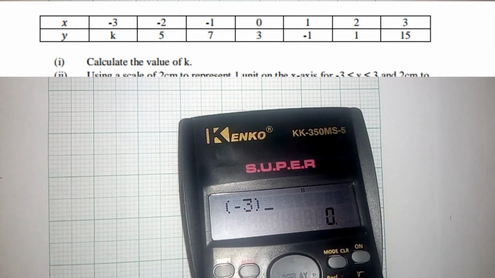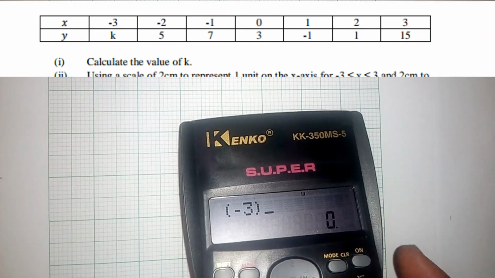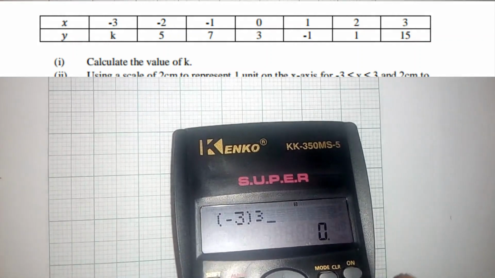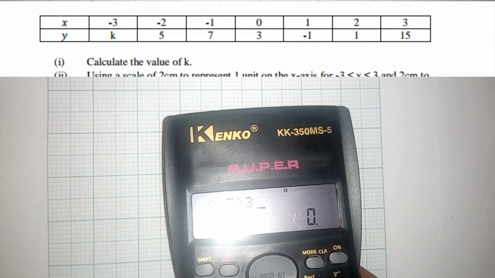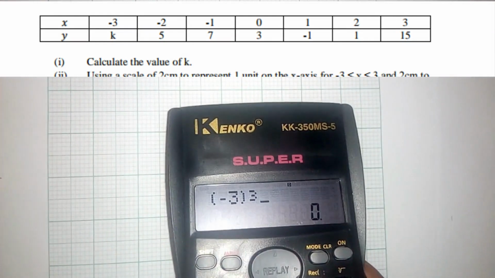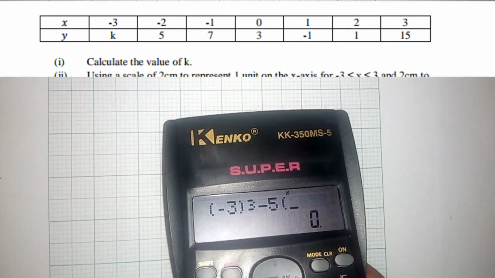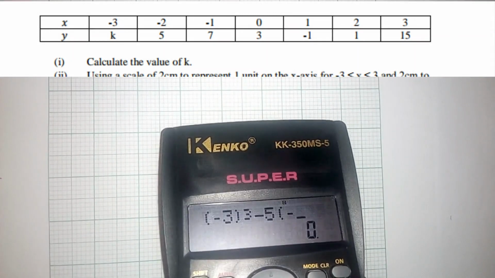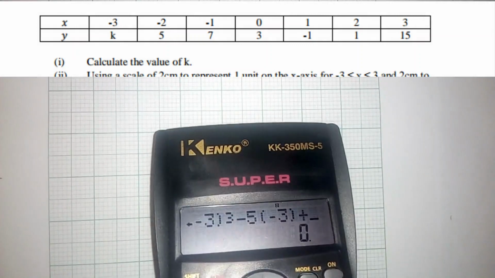close, and then cubed. How do you write the cubed? Power 3. So for us to write power 3, we can either press here, power 3, or the sign which is here, and then we put a 3. So we write power 3 minus 5, open bracket, x, the value of x is -3, close, don't forget to be closing, plus 3.